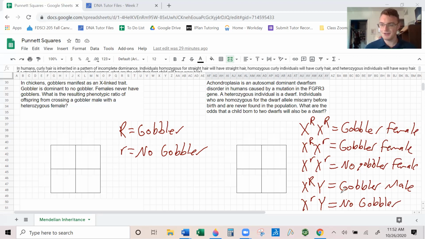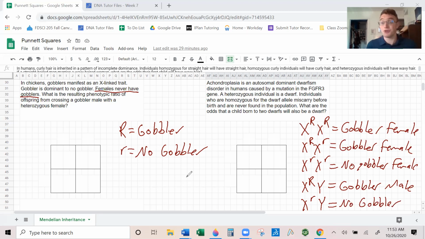The problem here, though, is this is a sex-limited inheritance problem, and I never said sex-limited anywhere. The giveaway sentence is right here: females never have gobblers. With sex-limited inheritance, one gender just simply does not express one or either of the two phenotypes, no matter what their genotype is.